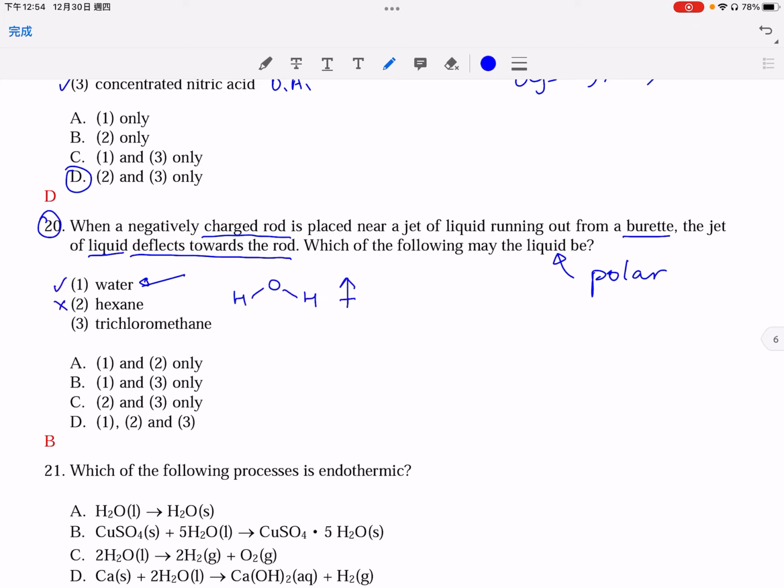Hexane is nonpolar because it is an alkane. Trichloromethane is also polar because trichloromethane has the structural formula like this and the shape is like this. The polarity of the molecule is like this. So the answer is B.